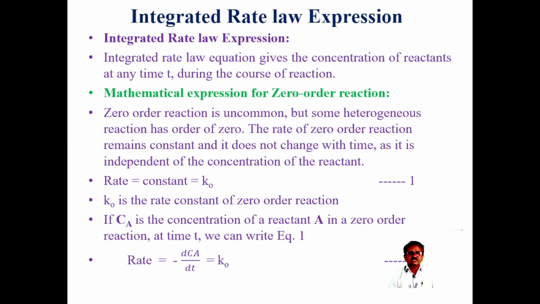Let us consider that C subscript A is the concentration of a reactant A in a zero order reaction at time t. We can write equation 1 as rate equals the rate of change in concentration of reactant, that is minus dCA divided by change in time dt, that equals K0. Give this equation number 2.